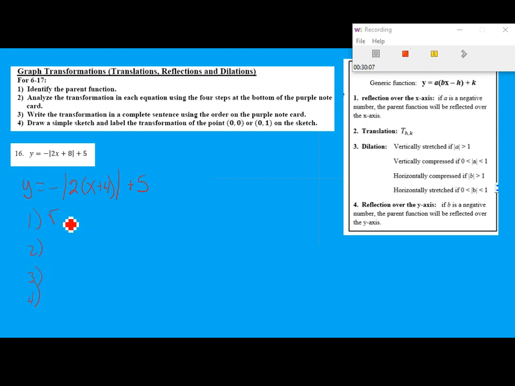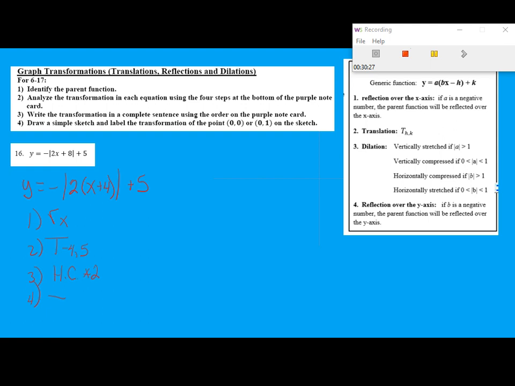It has been reflected over the x-axis with that negative out there. The translation is -4, 5. It has been horizontally compressed by a factor of 2. And there is no reflection over the y.